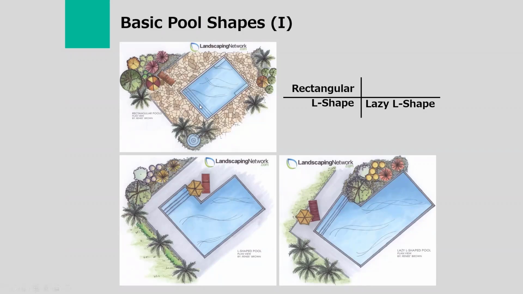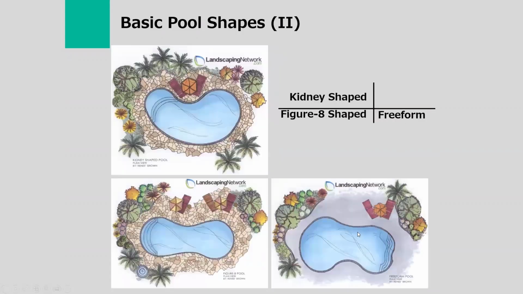So just a rectangular shape, L shape, and this is a variation of the L shape. We call it lazy L shape. It's not 90 degrees at the intersection, but that is perfectly okay. Kidney shape, figure 8 shape, and the freedom shape, organic shape. And practically speaking, for a pool shape, there could be so many different types of shapes.